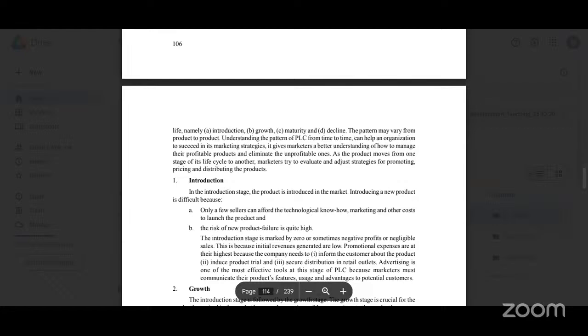A product which may be at its peak at one point in time may go into decline over a period of time. One good example that we can consider, though it has been some time, is the black and white TV. Now, black and white TVs were occupying the market a lot before the color TV came in, and now we see so many variations of color TV, the HD levels.